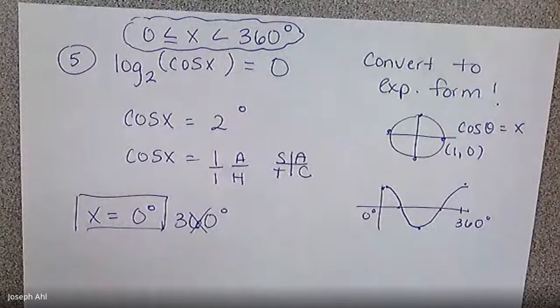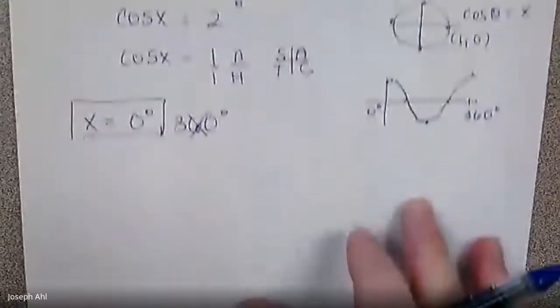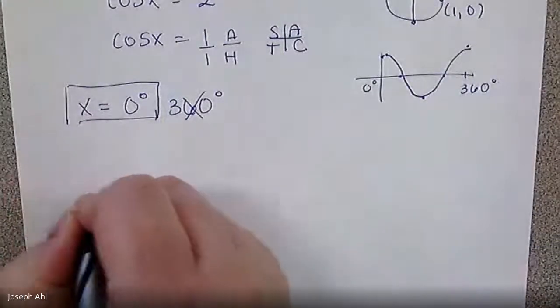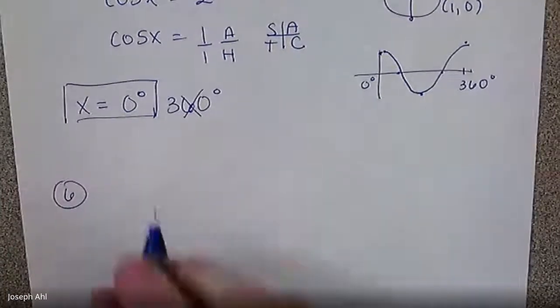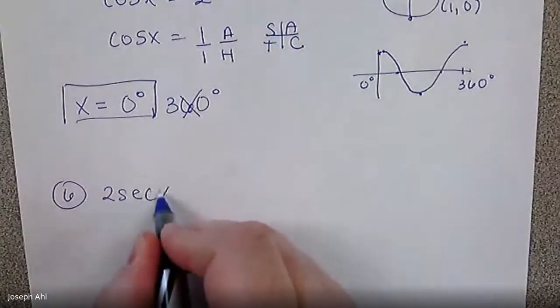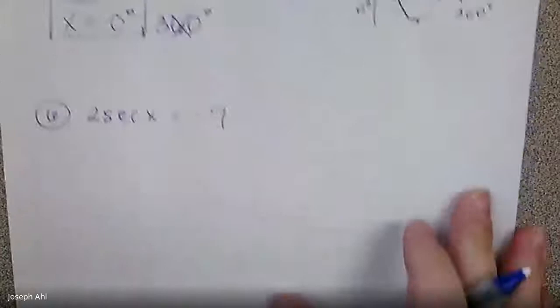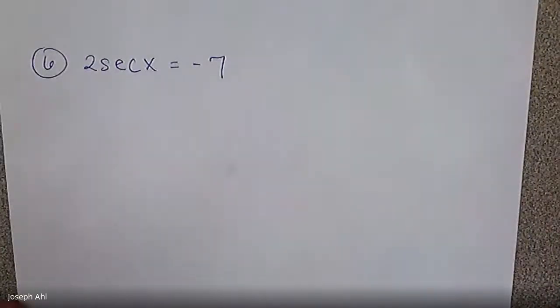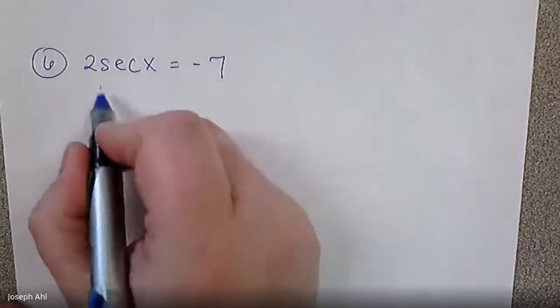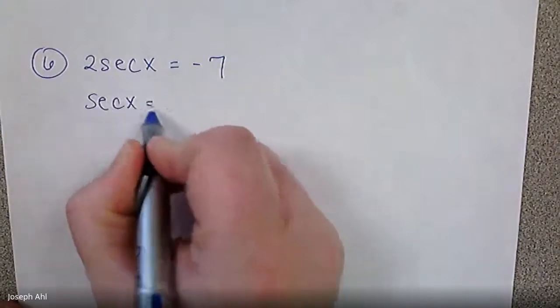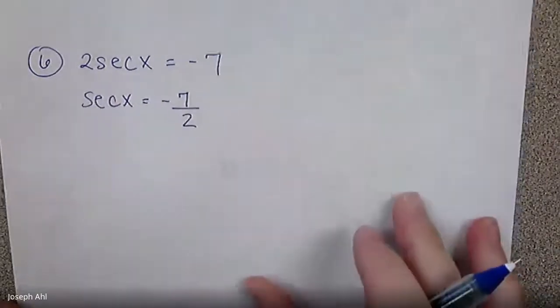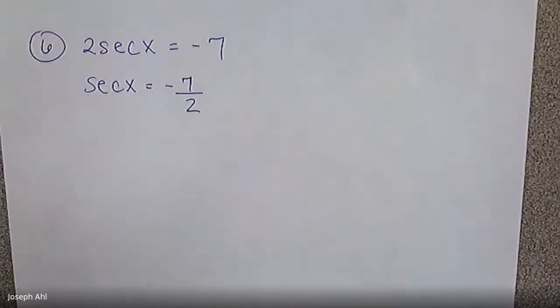All right, last but not least, let's think about maybe some reciprocal functions. So for our last example today, 2 secant of x equals -7. Quickly divide by 2 to get secant x equals -7/2. When I'm looking at this equation, it's certainly not going to be a nice triangle.